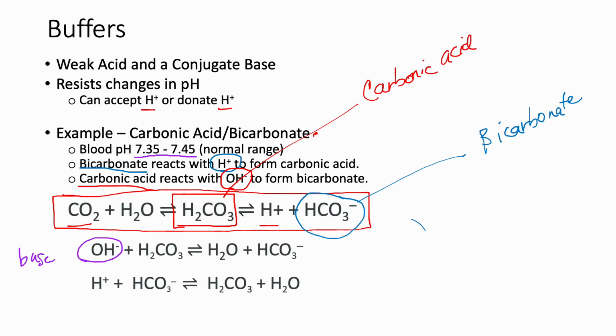So that helps to neutralize that base. Now, what if we have excess acid? Excess acid would be represented by this hydrogen ion, right? It's going to react with the bicarbonate portion of the system, and what that produces is water and carbonic acid. So these work together in order to prevent large fluctuations in pH.